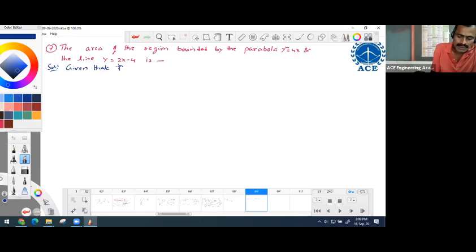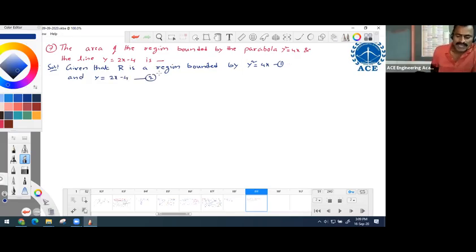Given that R is a region bounded by y square equal to 4x, say this 1, and y equal to 2x minus 4, say this 2.